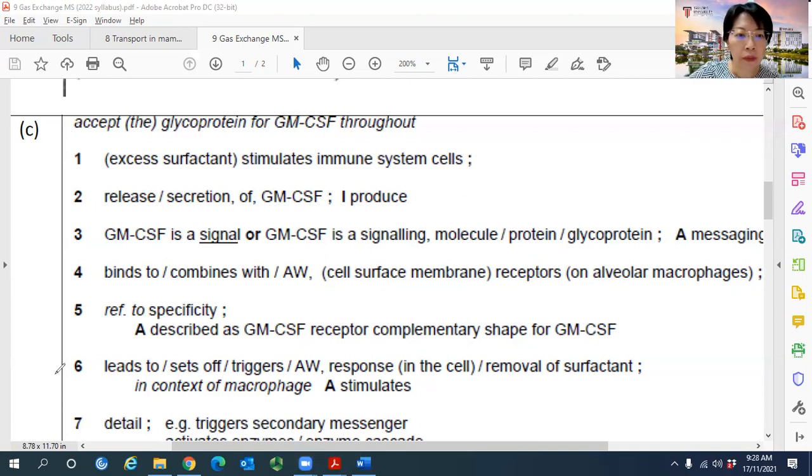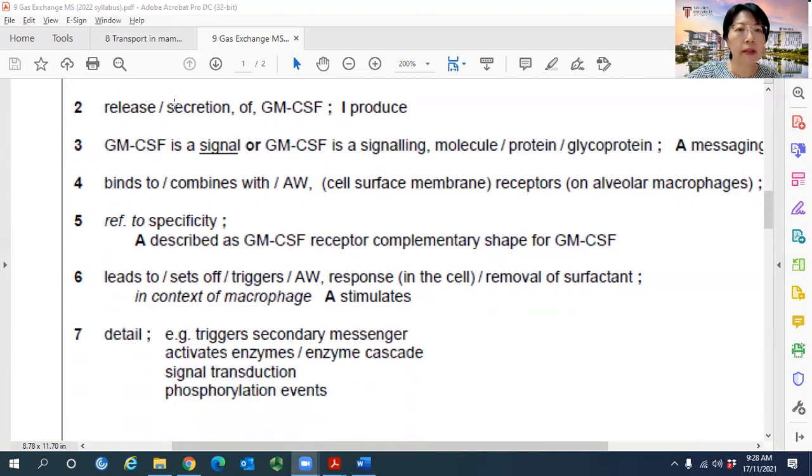Okay, so one more mark, which is the final mark, is an AVP: the detail of what happens inside the cell. When the primary messenger binds to the receptor, a secondary messenger will be produced inside the cell, because the primary messenger cannot enter the cell. It can only bind to the receptor, activating a secondary messenger molecule to be produced in the cell, and that may activate a series of enzyme cascade reactions. The function of an enzyme cascade is to amplify the signal.